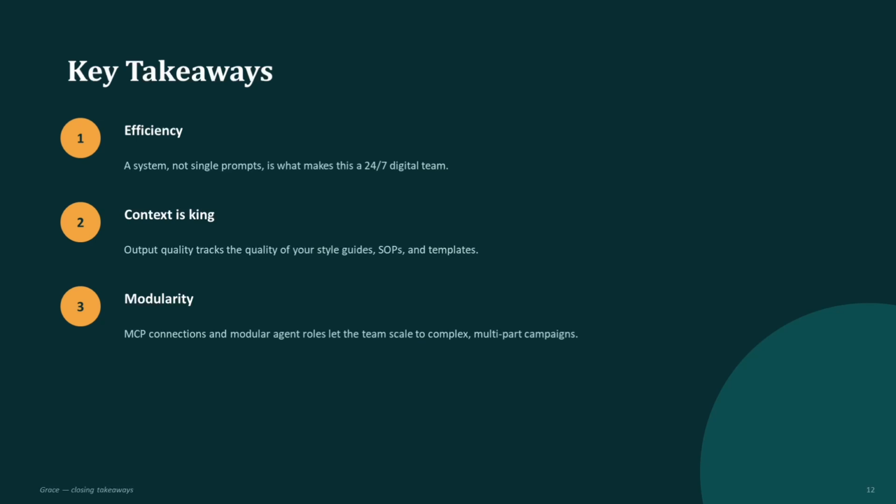And last, MCP connection and modular agent roles let the team handle complex multi-part campaigns. We also understood the content creator agent, the data analysis agent, and many more, which totally depends on you. So let's end our video.